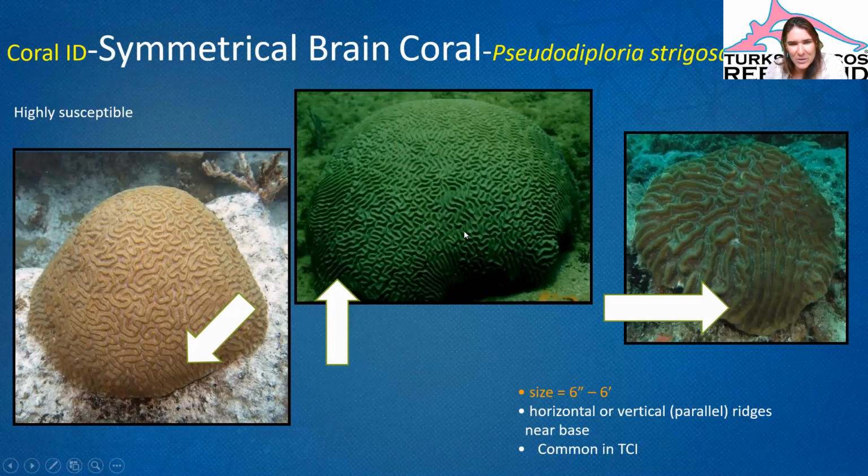So the idea here is on top, you have your meandering design here, and then as the ridges make their way down to the base of the colony, the lines start to go straight. And that is the one way to be able to identify a P-strig. The other thing I will say is that the ridges are much thinner than on the CNAT, on the Colpophyllia natans. But again, if you just look at the bottom, you'll always see that around the base, the lines start to straighten out.